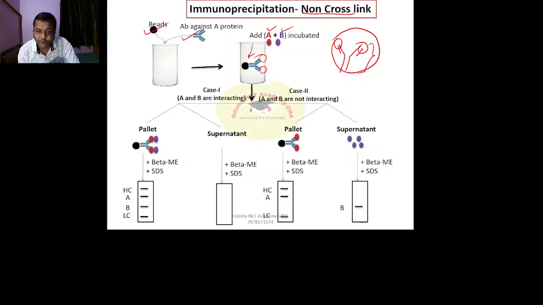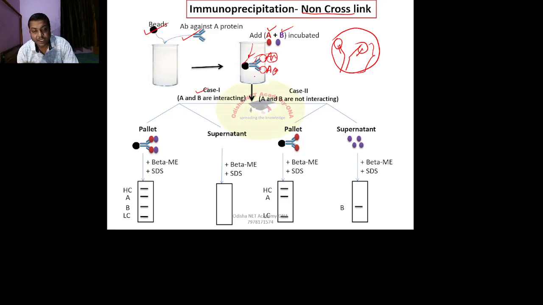Always A comes and gets attached to this antibody because we have taken antibody against A protein. Suppose A and B are interacting. Case 1, A and B are interacting. Now along with A, who will come and get attached? B. So the complex is made up of bead, antibody, A protein and B protein.